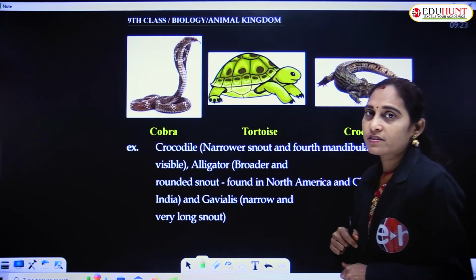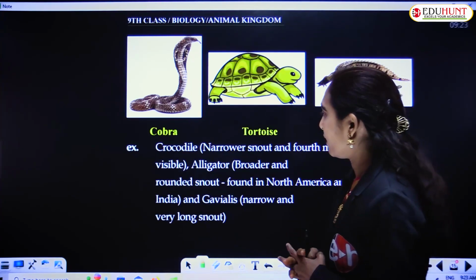These are the various examples of the class Reptilia.